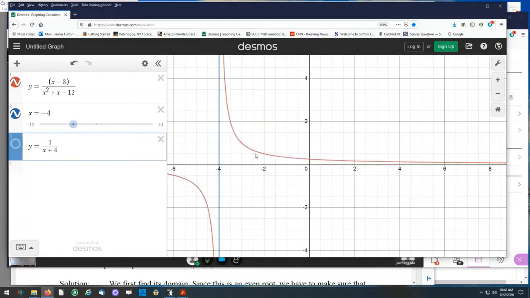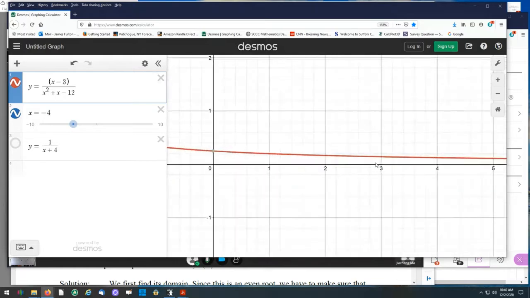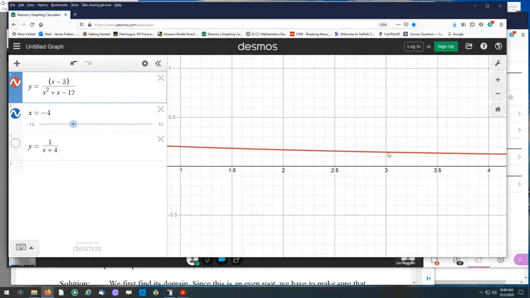But on the other one, when I go to 3, it's undefined, and you see a little circle with a hole in it. That's what's happening. I wonder if I zoom in, it's still going to do that. They don't quite show it, I thought they might. But you can see on either side of it, it's okay, but at 3, undefined. And there's a hole in that function.